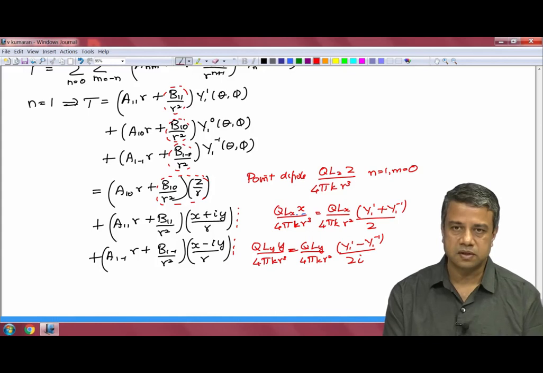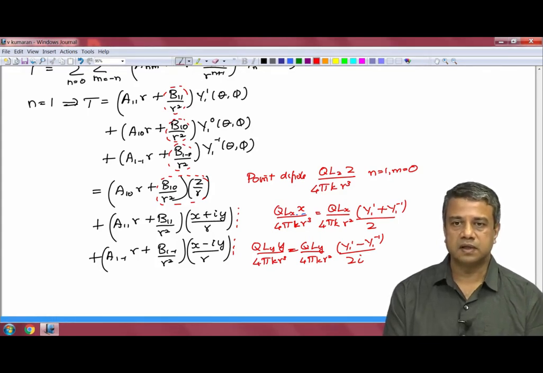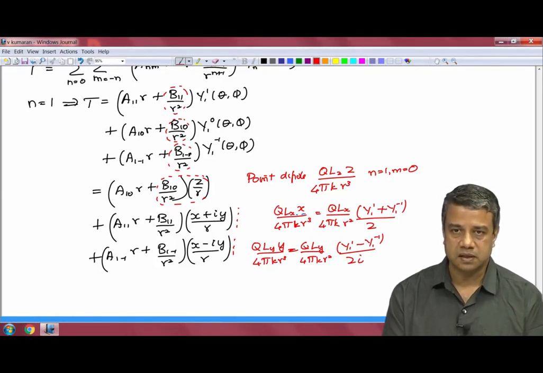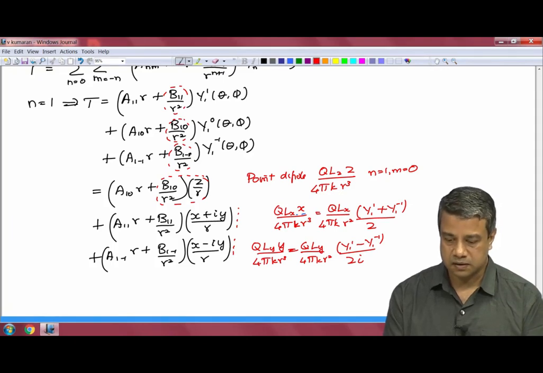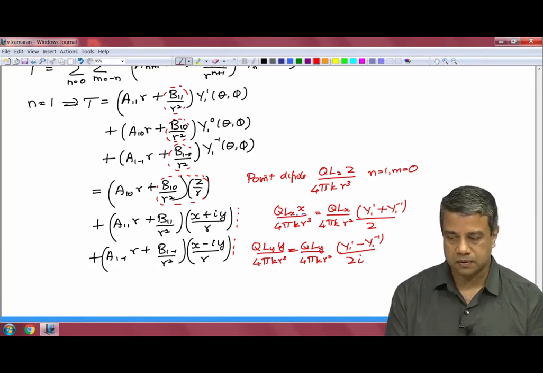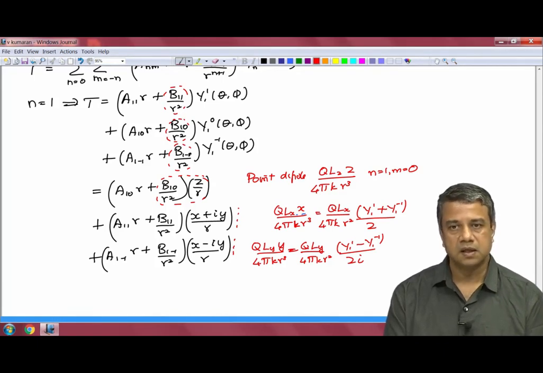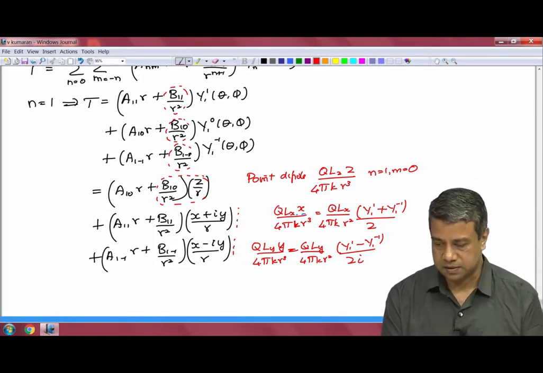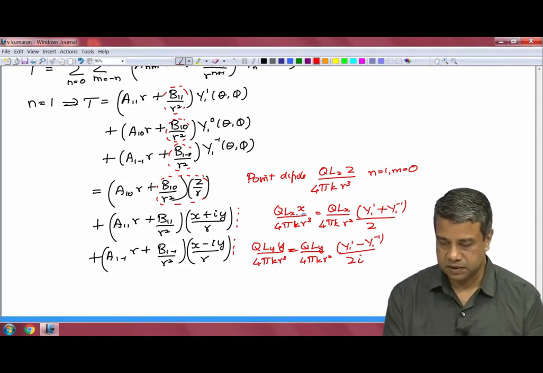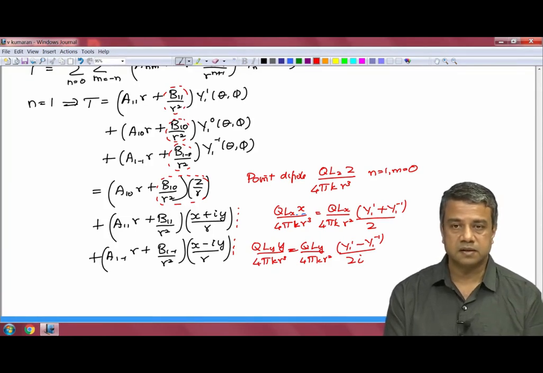The three solutions for the point dipole are for the three vector separations in the x, y and z directions, for n is equal to 1 and m is equal to minus 1, 0 and plus 1. So, linear combinations of these correspond to dipoles with separation in the x, y and z direction. So, this is the physical interpretation of the point dipole.